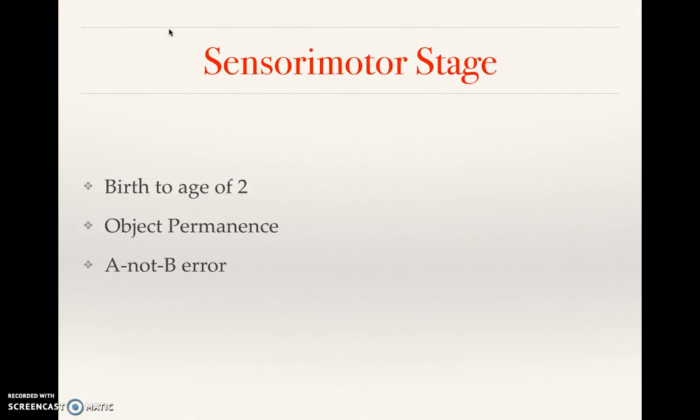By 12 months of age, infants stop committing that error and can correctly identify where an object is hidden. At the very end of the sensorimotor stage, around 18 months of age, infants start showing deferred imitation as well. That is the ability to repeat a behavior at a later point in time after observing the behavior even only once.